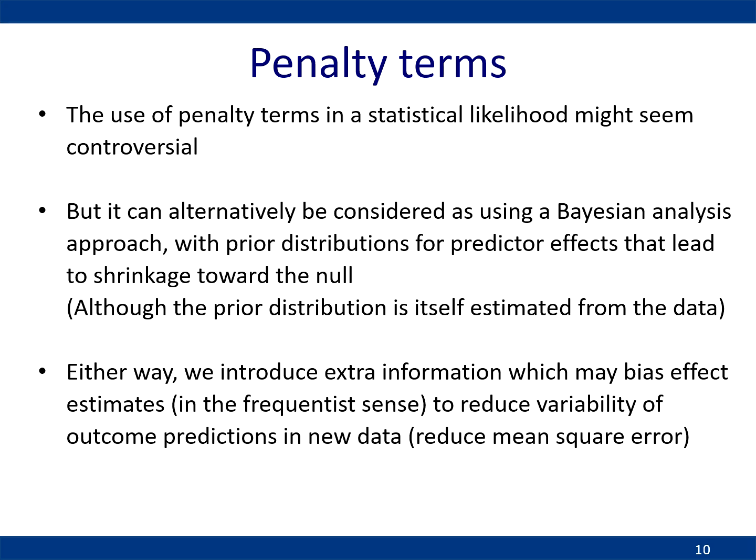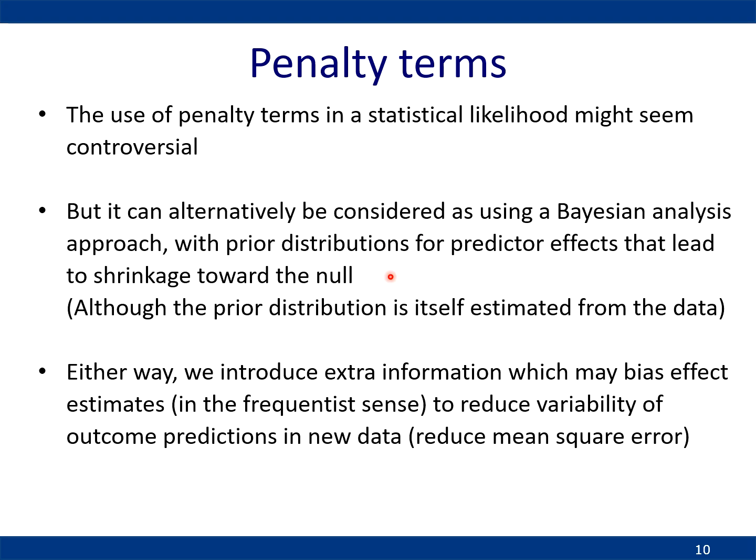We can also think about the use of penalty terms in the likelihood as essentially a Bayesian approach, where the likelihood is being modified with prior information. So a Bayesian approach incorporates prior information alongside the likelihood, and here we can think about prior distributions that are being added to be combined with the likelihood that lead to shrinkage towards the null.